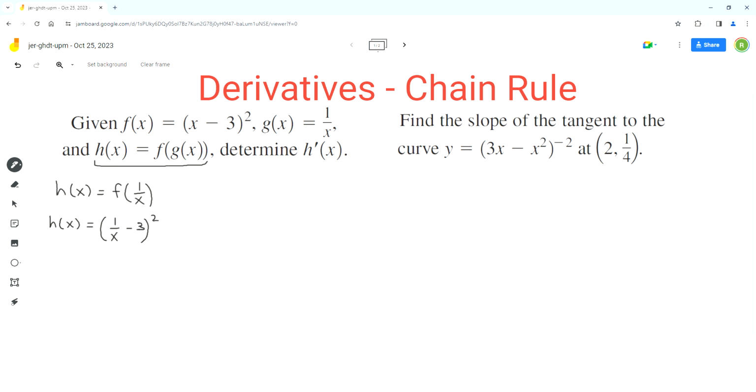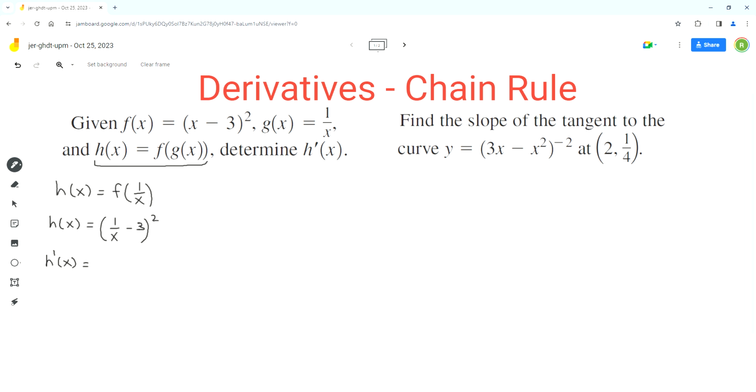In this case, we have to use the chain rule because there is this inner function 1/x - 3 and there is this outer function, the square, the exponential function. So we start with the derivative of the outer function.